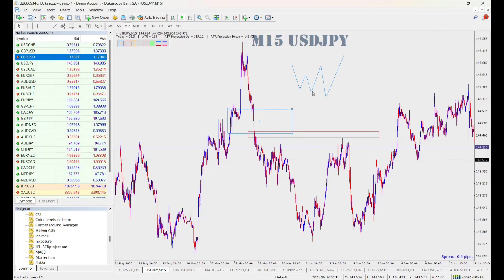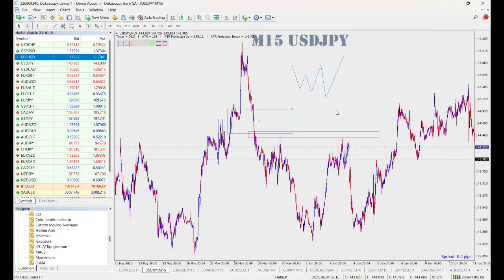So we want to make sure that we put our stops above our flag limit, because price could always go deeper into that flag limit and it could create a diamond, and we could see price go further down before moving up, or further up before moving down, depending on the direction of the trend.